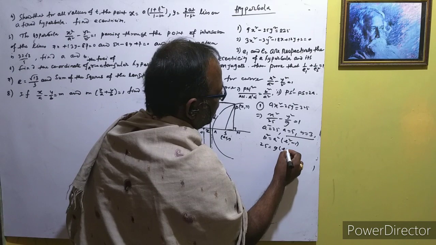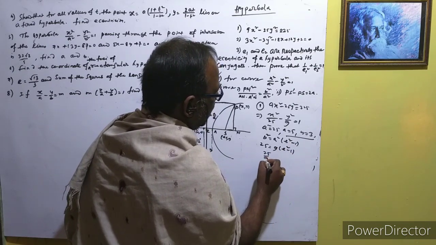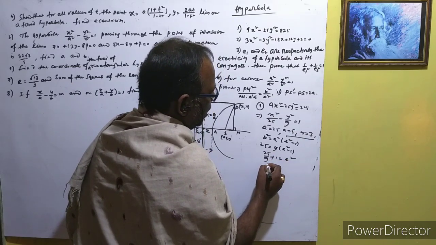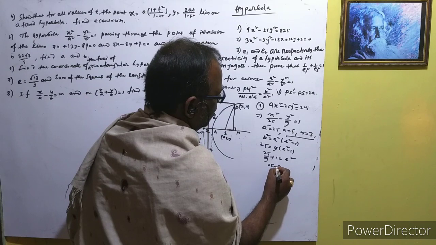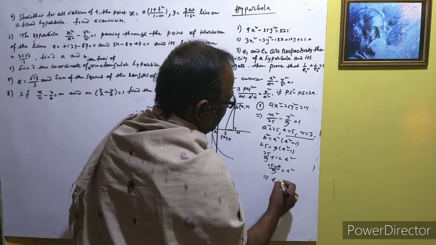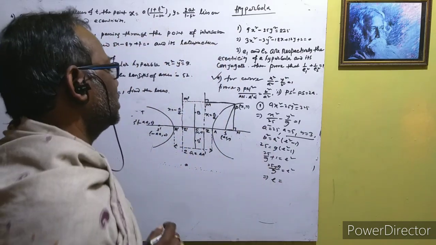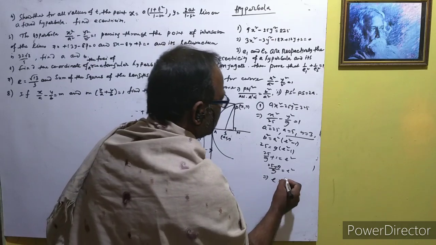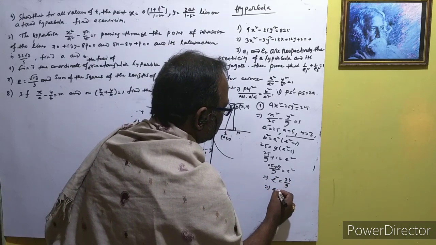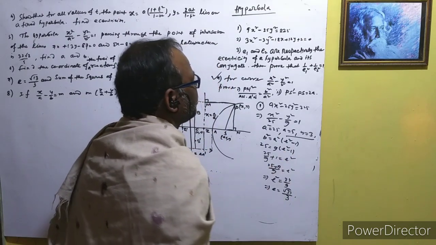So we can write 9 equals 25 into e square minus 1. So now 9 by 25 plus 1 is e square. So 34 by 25 is e square. So e is equal to root over 34 by 5.